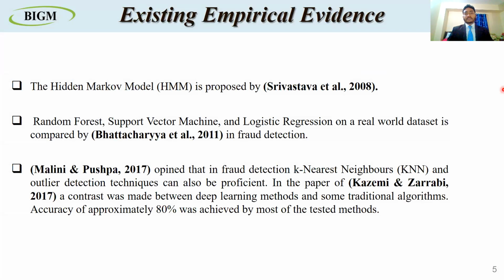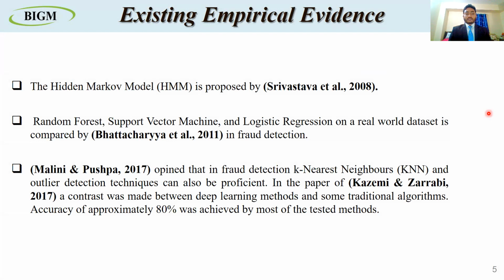Now, existing empirical evidences. There are several studies which focus on credit card fraud detection on different datasets. For example, the hidden Markov model, HMM, is proposed by Srivastava and others in 2008. Random forest, support vector machine and logistic regression on a real-world dataset are compared by Bhattacharya and others in 2011.